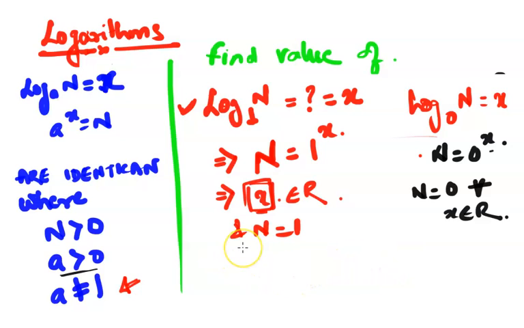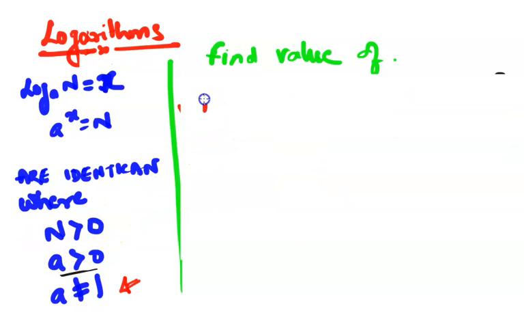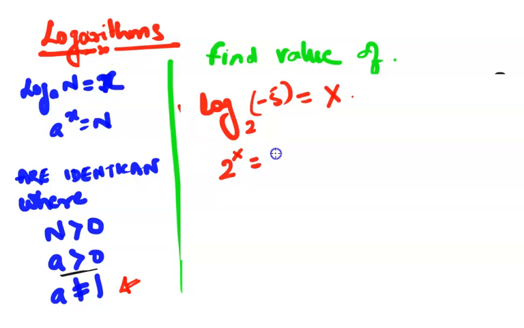Now let's take the third example. Now let's say log of -5 to the base 2. Can you solve this? So what does this mean? 2 raised to the power of x equals -5. Is this feasible? Can x belong to R in this case?